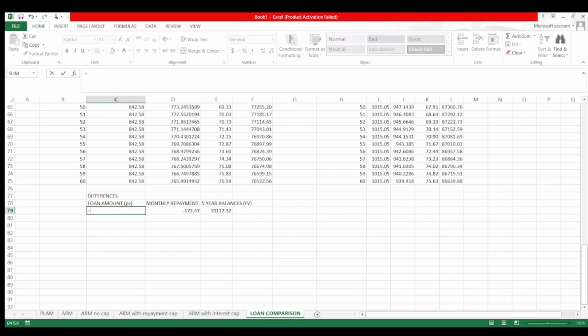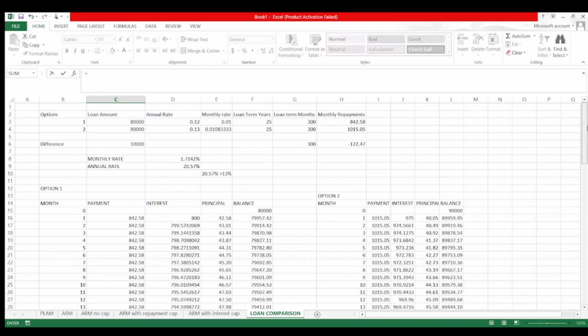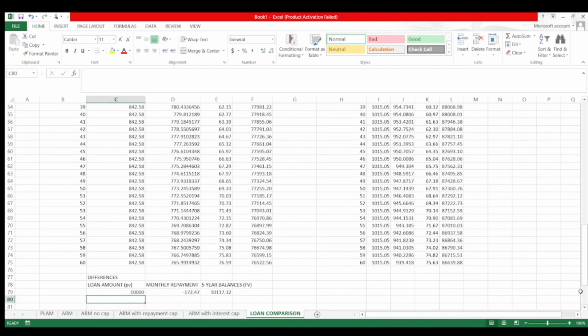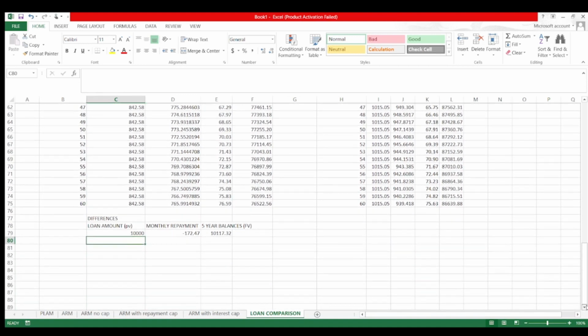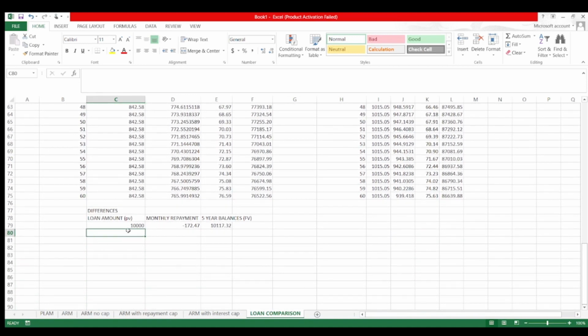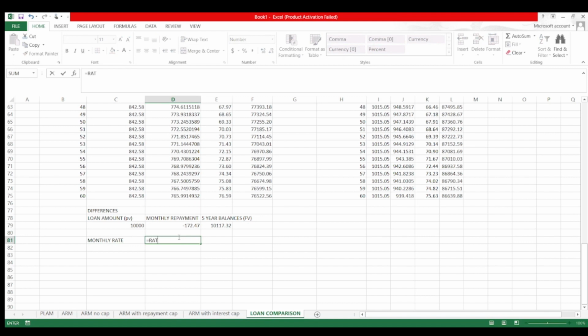And you can recall this difference was already calculated up here. It was 10,000 at the beginning. So we're trying to get what rate would apply if we had a present value of 10,000, monthly repayments of 172.47, which would lead us to have in the future 10,117.32.